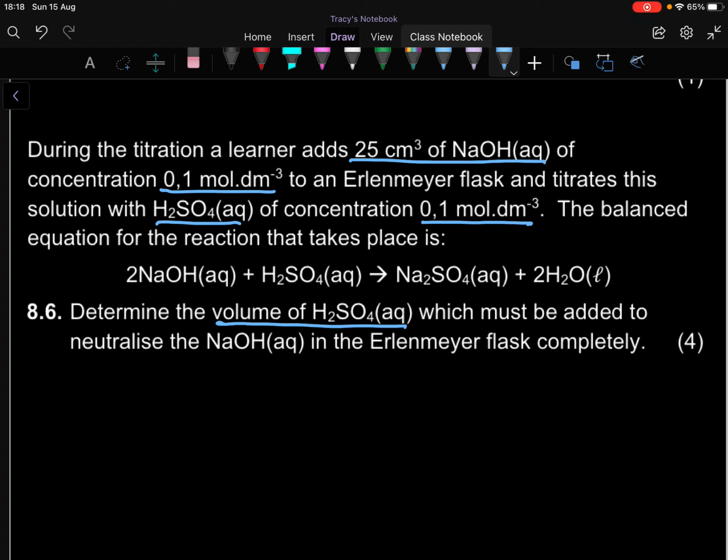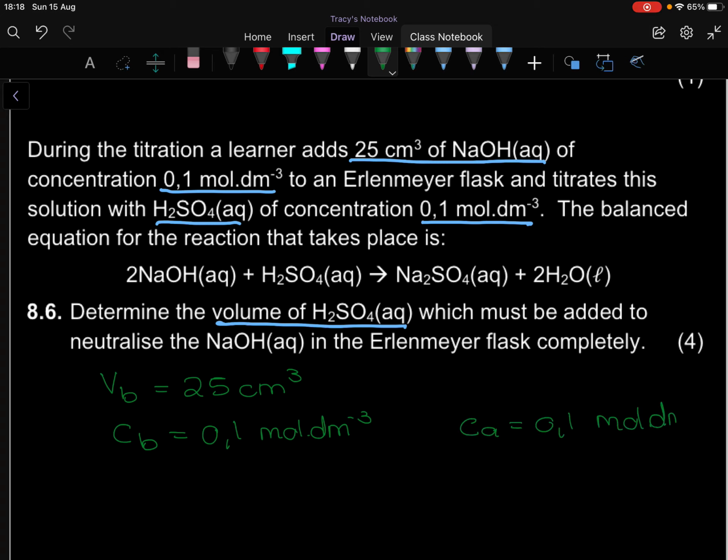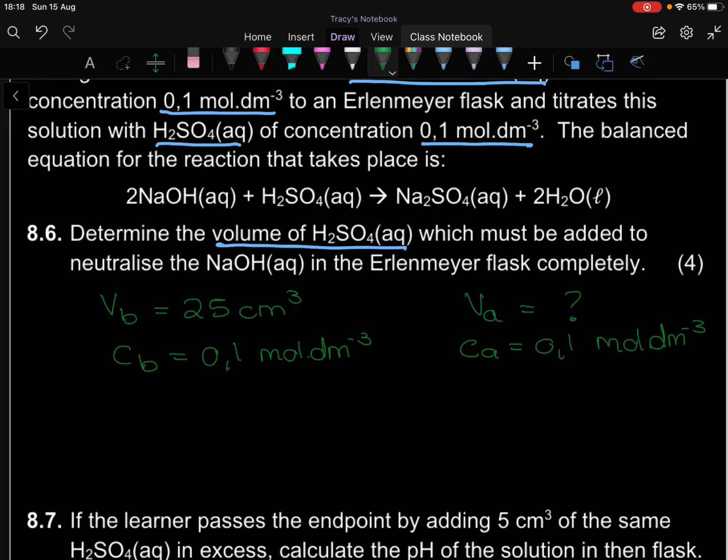So when I look at the information I've got the volume of the base, 25 cm³. I've got the concentration of the base, 0.1 mol/dm³. They gave me the concentration of the acid. And they want to know the volume. Looking at the information I've got, easiest is the ratio equation.